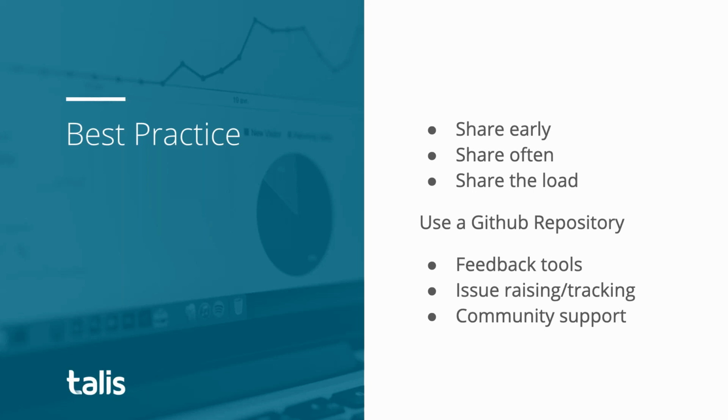So there are tools within GitHub to allow that feedback to be collated in a central place. There are issue tracking tools. So if somebody has perhaps spotted a bug or spotted something that's not working, or it's not working for them and they want some assistance, they can use those issue tracking tools to ask for that support. And that means that this community around a particular tool can actually help support things. And yeah, we'd encourage you to use GitHub.